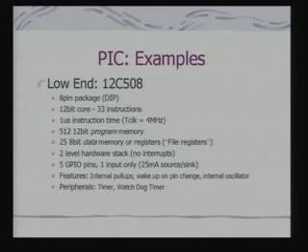Not all the features are present here because it is targeted for low end applications and it will have low cost. So, it has only 512 12-bit program memory. It operates at 4 megahertz. It has not got 35 instructions, but 33 instructions.